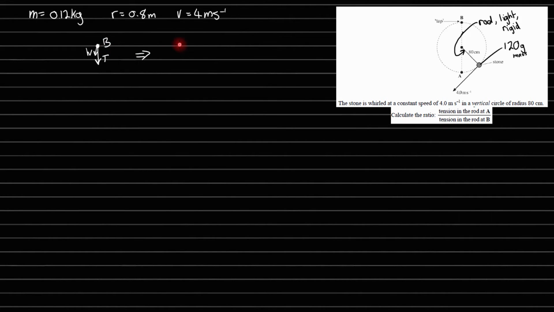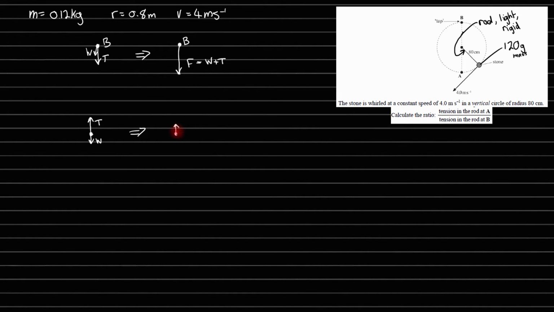Also going to have the weight acting downwards due to gravity. This then can be resolved to give us a centripetal force. Let's call that F. F is going to equal the weight plus the tension. And this again is at point B. At point A, we will still have the tension acting upwards, T, and the weight acting downwards, W. Resolving this would give us a resultant force.